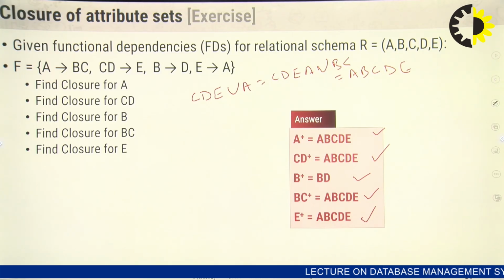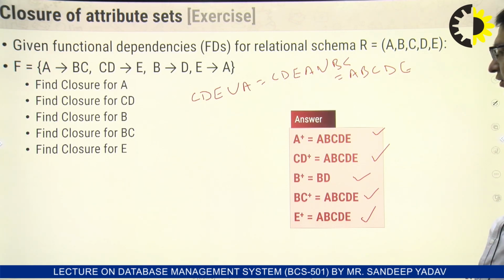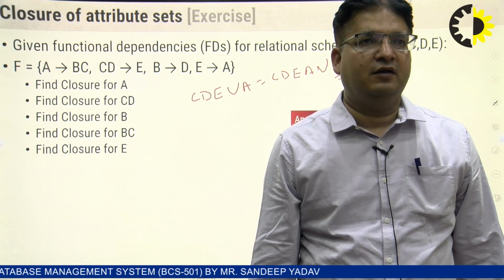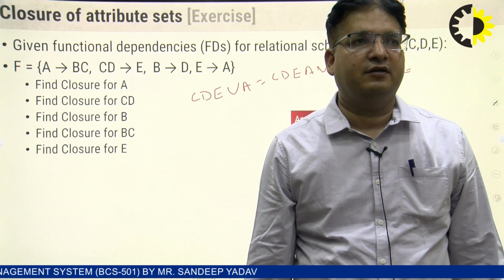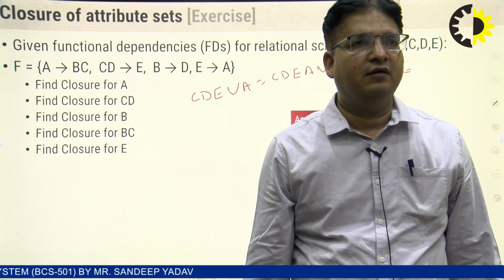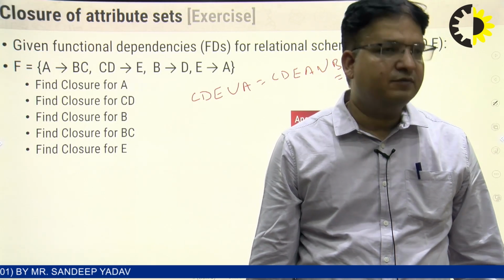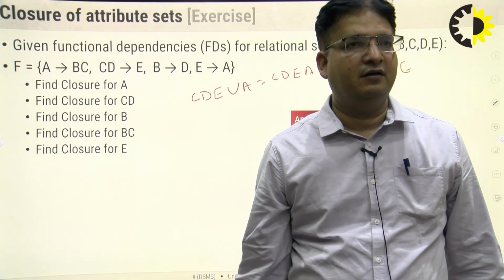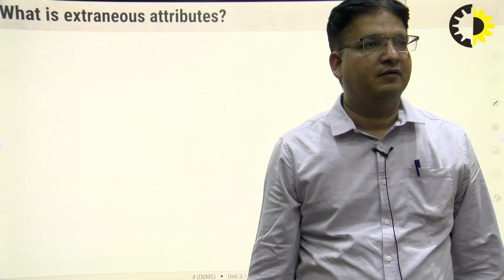So here we are seeing that there are 4 candidate keys for the relation R, because the closure of 4 attributes is determining all other attributes. So these are the 4 attributes in this particular relation which act as candidate keys.